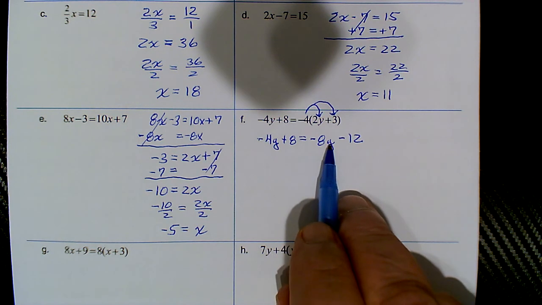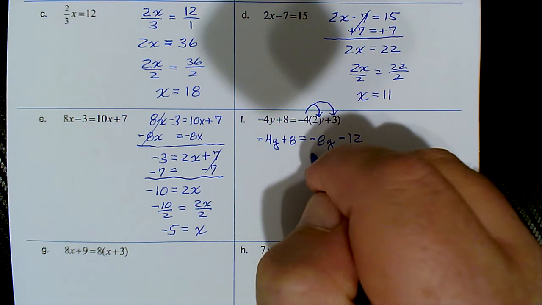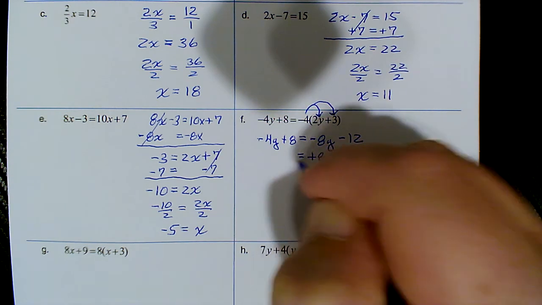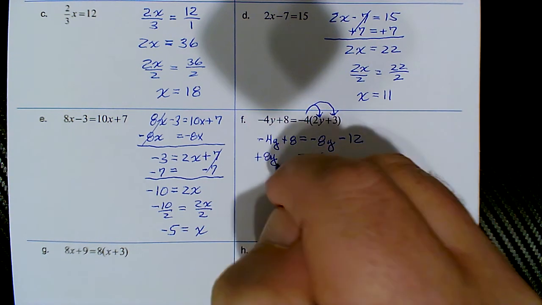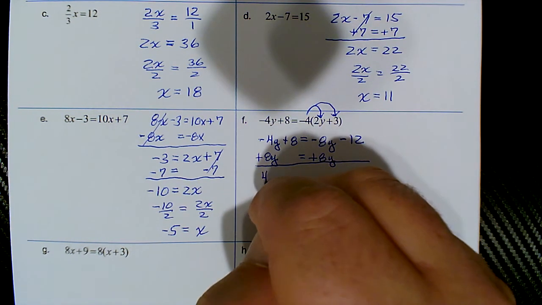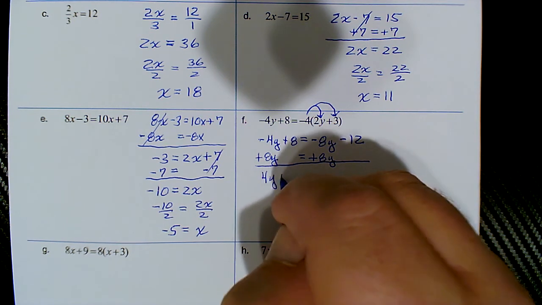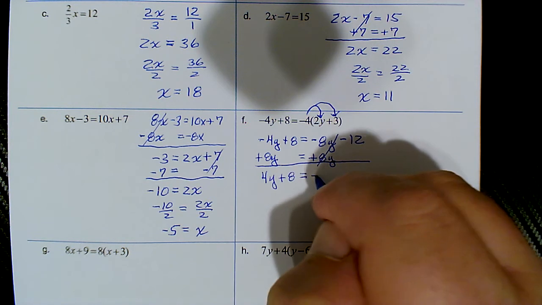So therefore, bringing the variable to the left, where the coefficient is greater, we can add 8y to both sides of the equation. And -4y plus 8y is 4y. Bring down the +8, line up the equals, the y's are gone, bring down the -12.